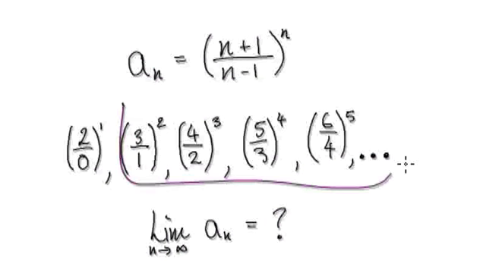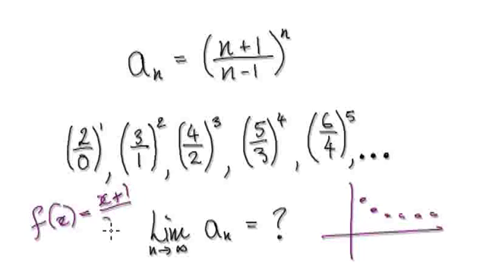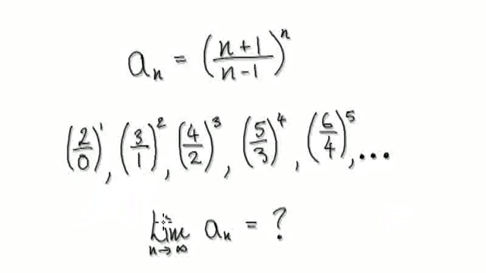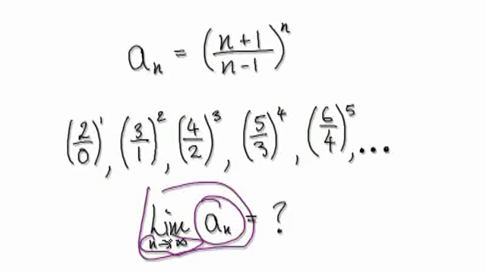So in your mind, visualize the graph to look something like this, and then map our function f of x, x plus 1 over x minus 1 to the power of x, on top of it.